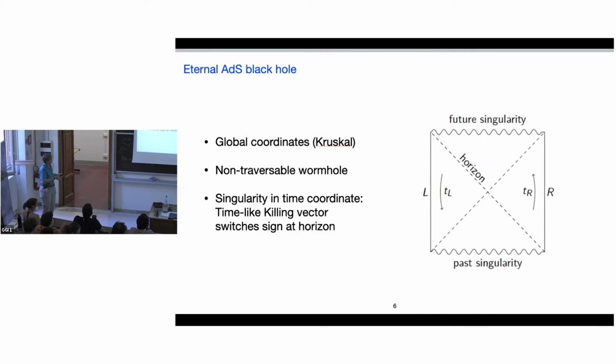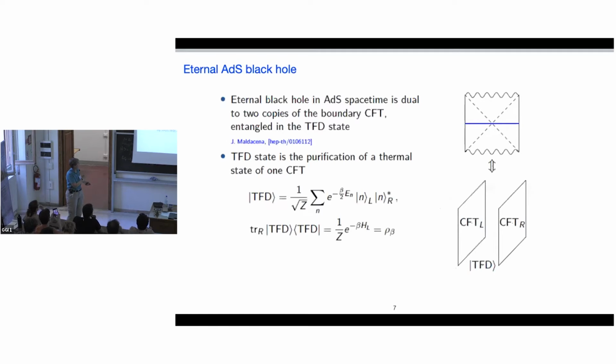And so it's important to note that this type of wormhole is non-traversable, but there will be some geometric concept that will be super important and will show up in almost every slide that I'm going to mention, that there's actually a singularity in the time coordinate at the horizon, because the timelike Killing vector switches sign there, which creates a singular geometry. And this singularity will play an important role.